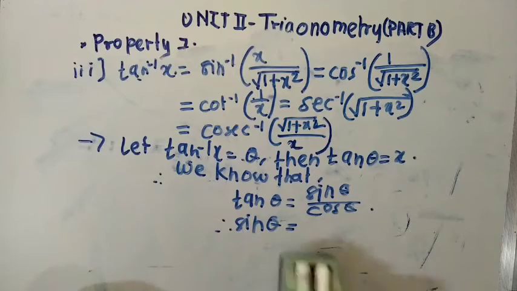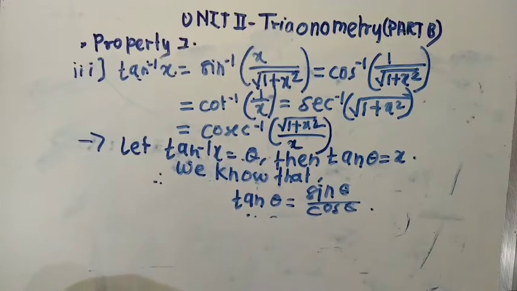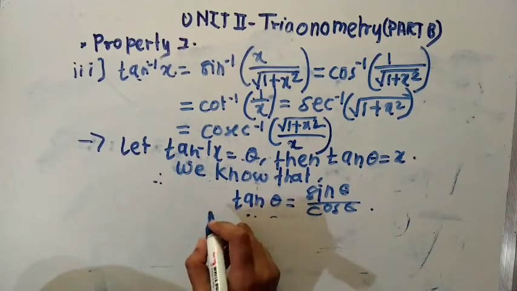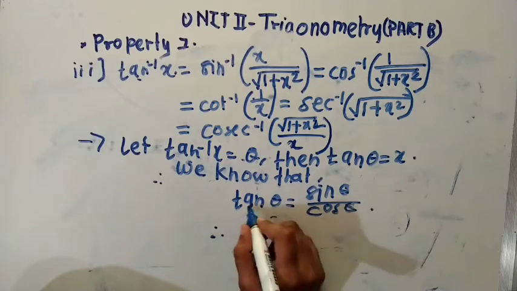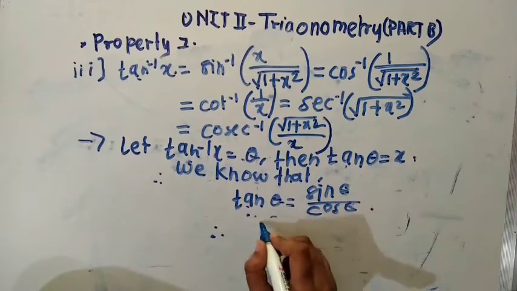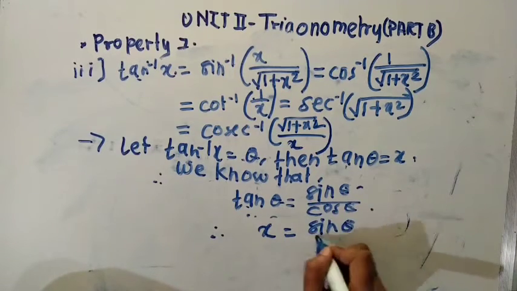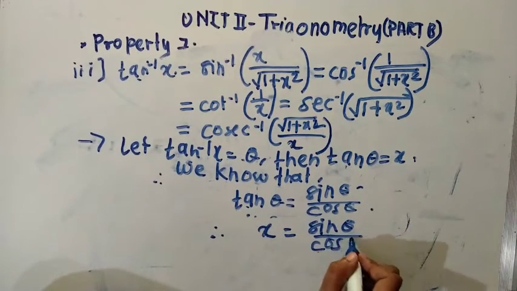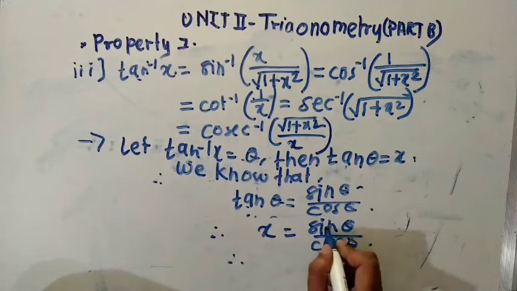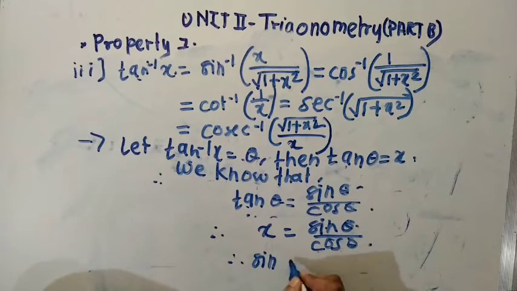Here tan theta is equal to x, so x is equal to sin theta upon cos theta, hence sin theta is equal to x into cos theta.